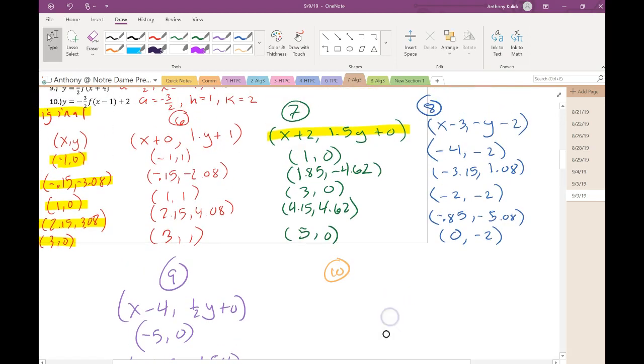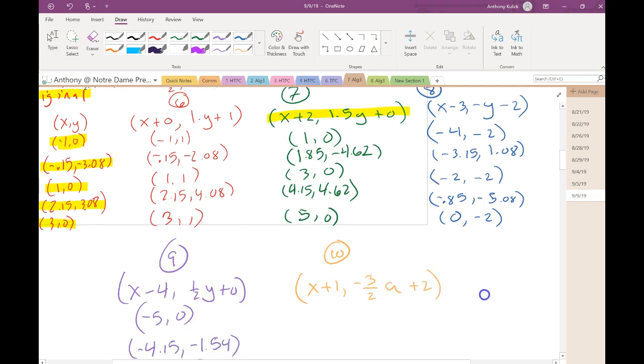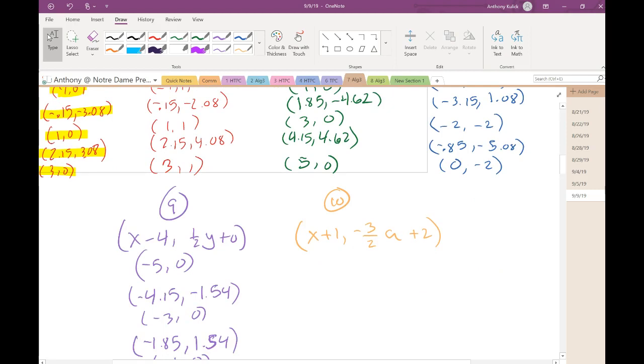All right, and then for 10, we're told that my h is 1, my a is -3/2, and then my k is 2. So if I plug -1, 0 in, I get 0, 2.